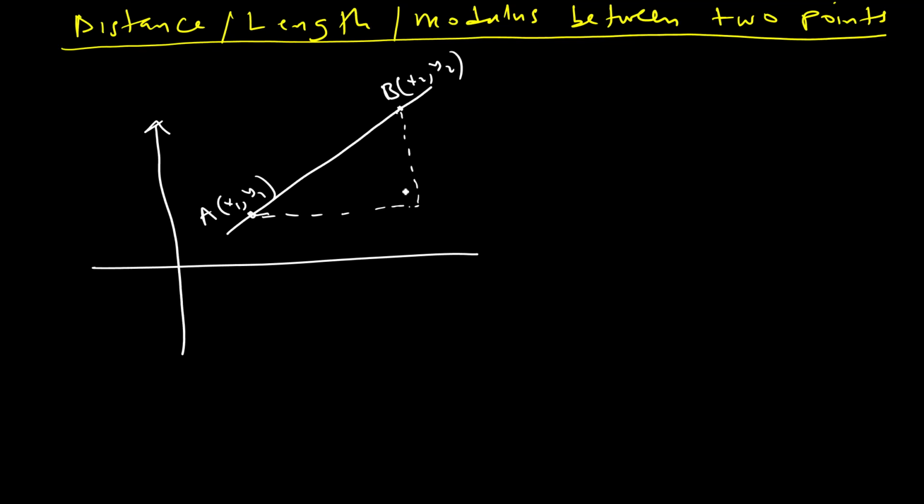So this side is 90 degrees. Let's label this as x1 and this as x2. We can label this as y1, then do the same to this side, y2. This side distance here is similar, so we can call this one y2 minus y1.